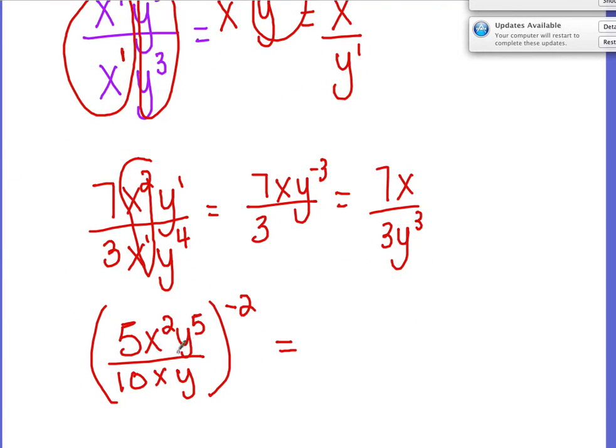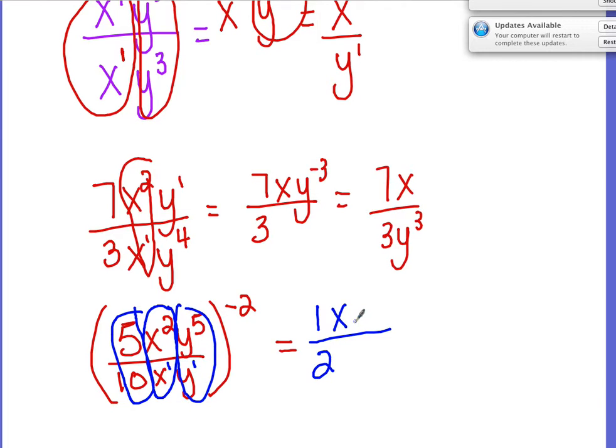So first, 5 over 10 reduces to 1/2. x squared over x, well, 2 minus 1 is a positive 1, so that just gives me x. And then 5 minus 1 for that y term gives me 4. Because this is multiplication, when you multiply by 1, you really don't need to write it out there, so I'm just going to get rid of that 1. That'll just give me less stress.